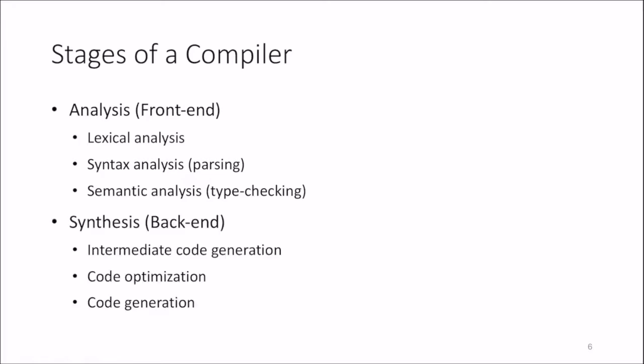The back end is split up into intermediate code generation, which generates the IR or intermediate representation. Then you do code optimization, and then finally code generation. Code generation produces, for example, x86 assembly, which is then converted to machine code and run as a binary executable.